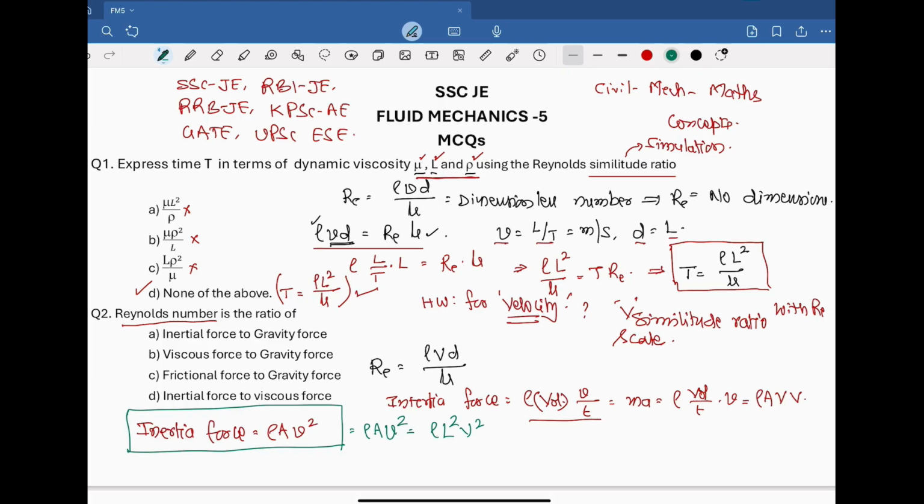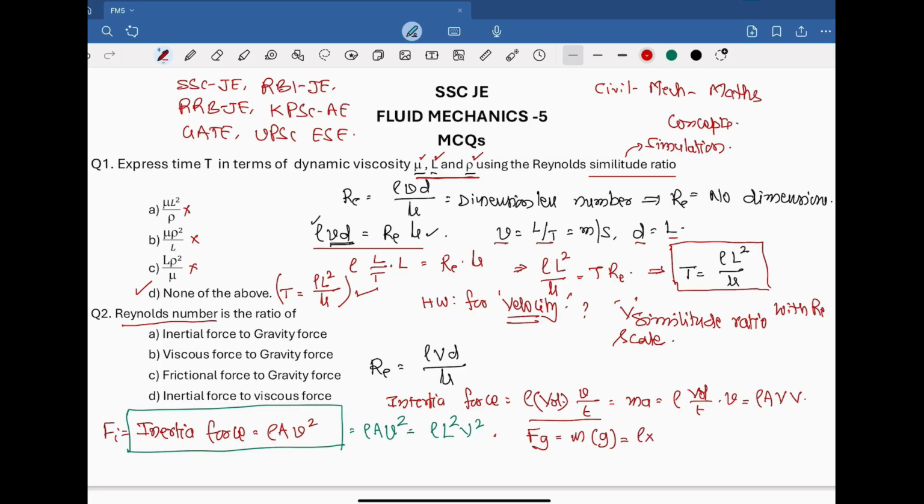Now next comes, what is the gravitational force? Mass into acceleration due to gravity. Fg, gravitational force, is equal to mass into g, mg.